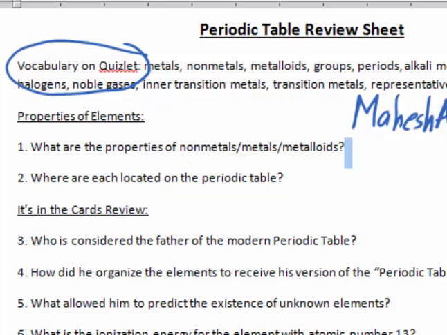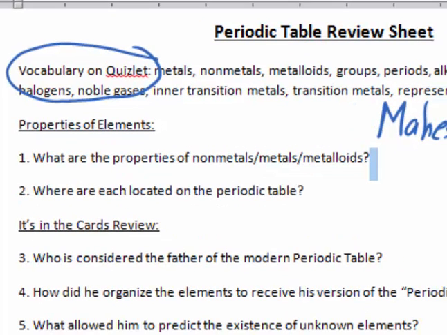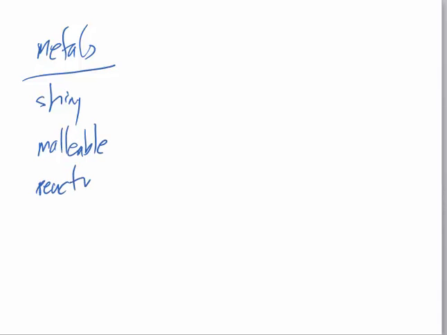Okay, so the first question: what are the properties of nonmetals, metals, and metalloids? So metals are shiny and malleable. They react with HCl and CuCl2, and they conduct electricity.